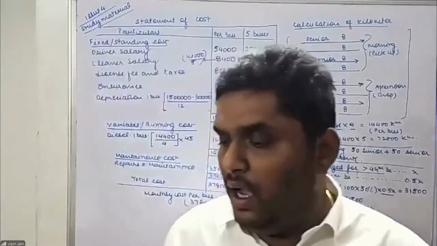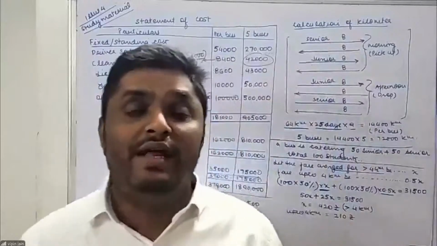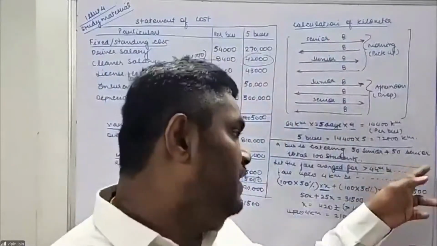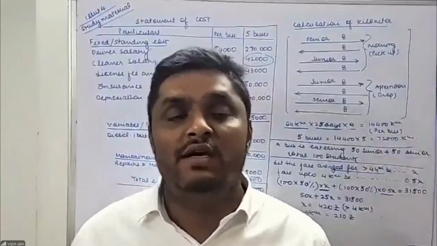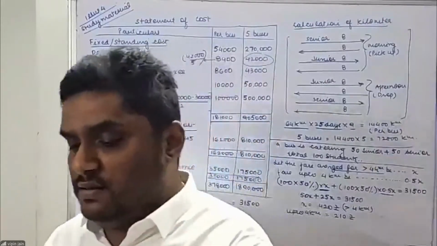Ankit Mishra asks, sir, how come 0.5? See, it is given in the question that for the students traveling up to 4 kilometers, half fare will be charged. So if the fare for more than 4 kilometers is X, then for up to 4 kilometers it will be half fare, that is 0.5X.